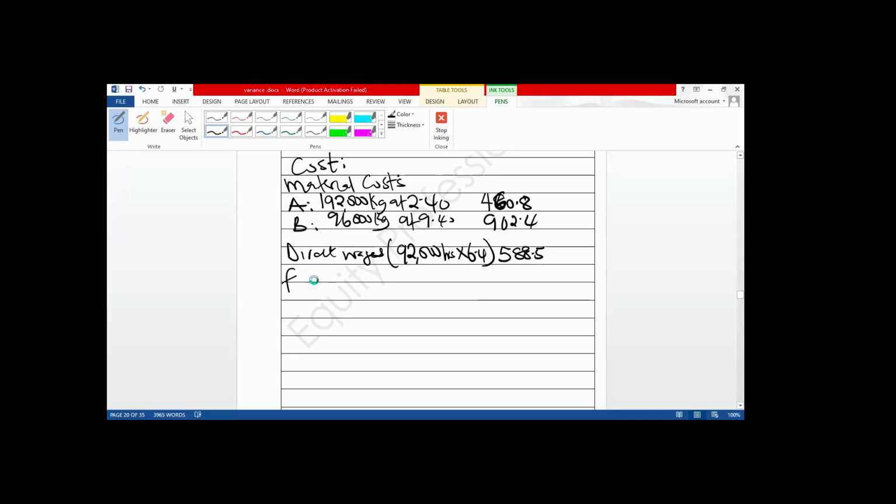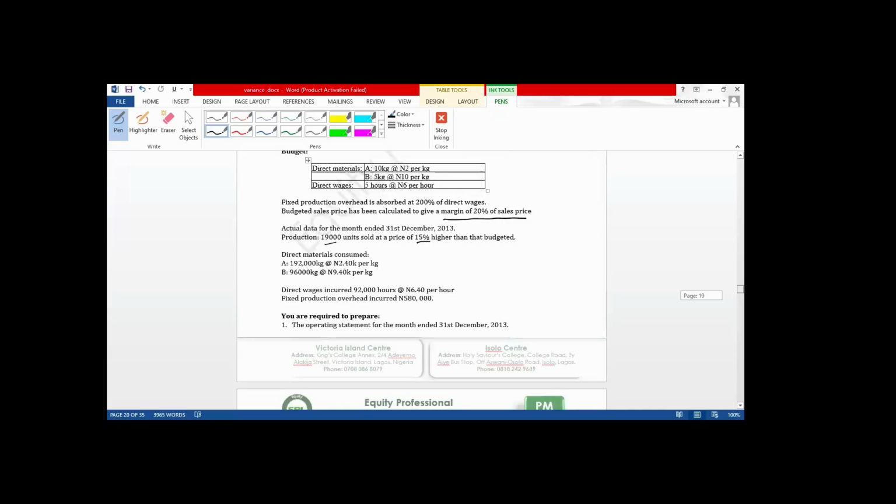Now go and pick your fixed production overhead actual, 580.